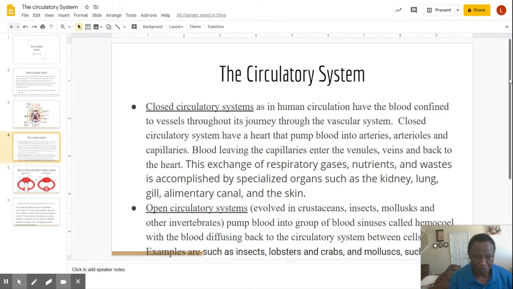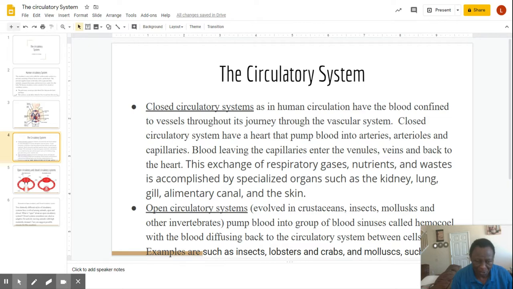Now, when we talk about the circulatory system, here we're going to make a distinction between the closed circulatory system and the open circulatory system. In the closed circulatory system, as in human circulation, blood is confined to vessels throughout its journey through the vascular system.